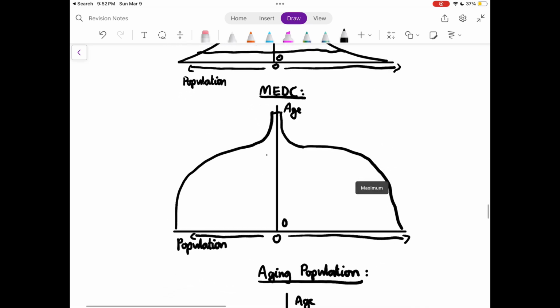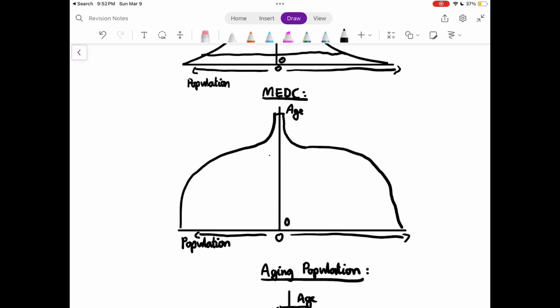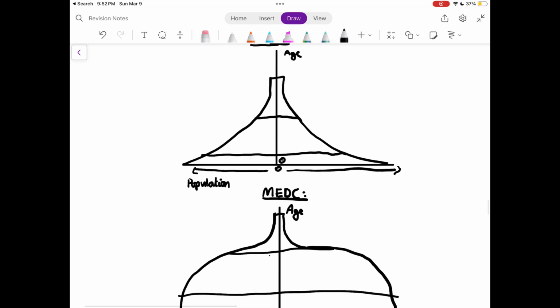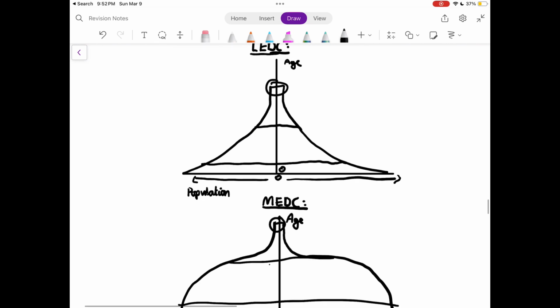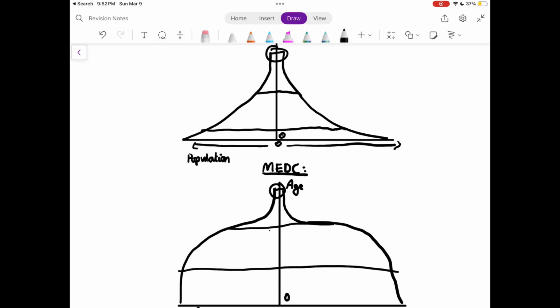So for MEDCs, it's quite different actually. There's a larger bulk of an economically active population here in the middle, and the aging population still decreases and becomes really narrow towards the top. However, you would notice that it's higher than in LEDCs, and this is due to the better provision of healthcare and medicine and increased sanitation.